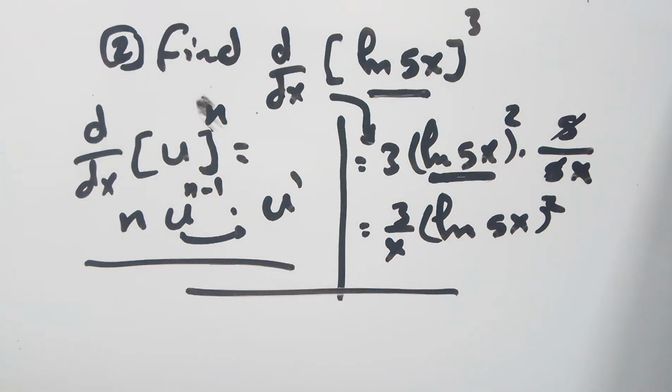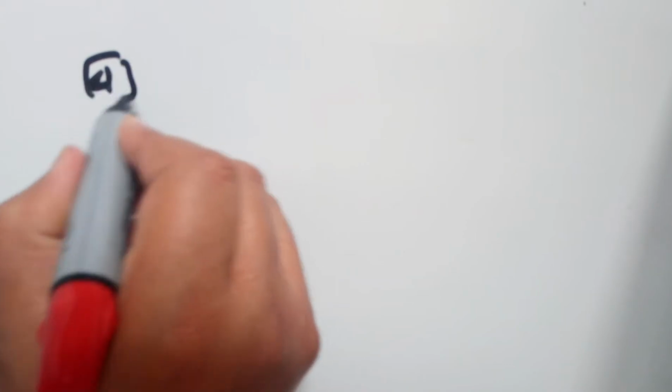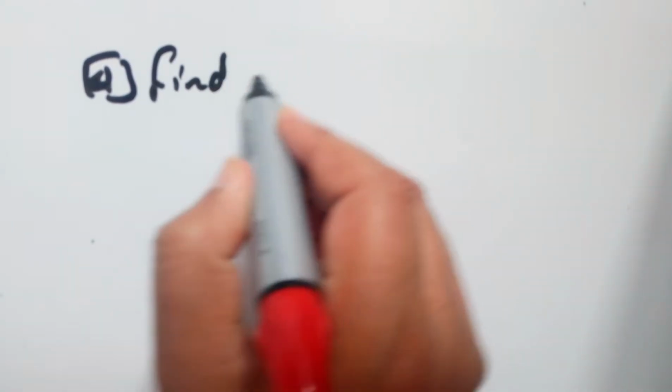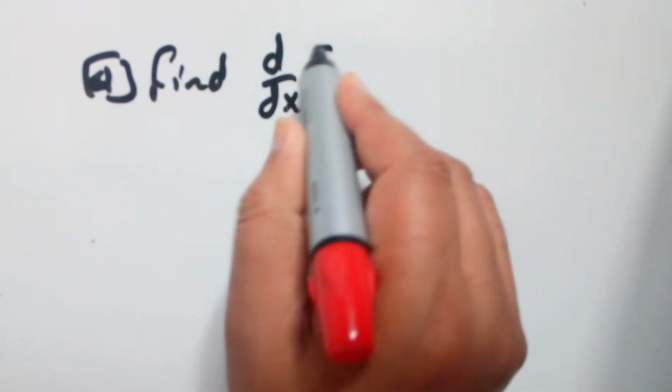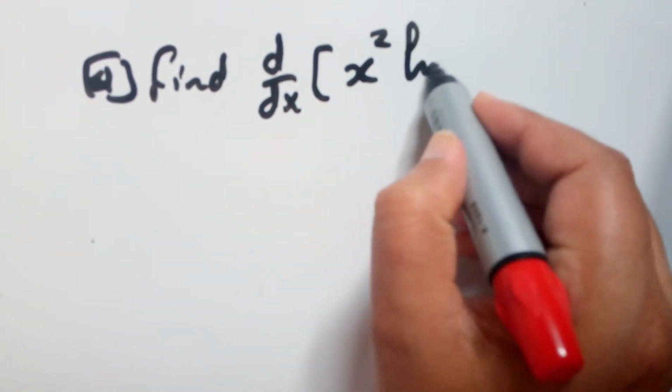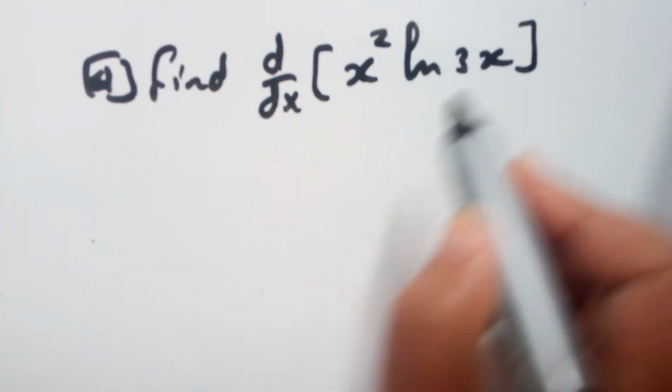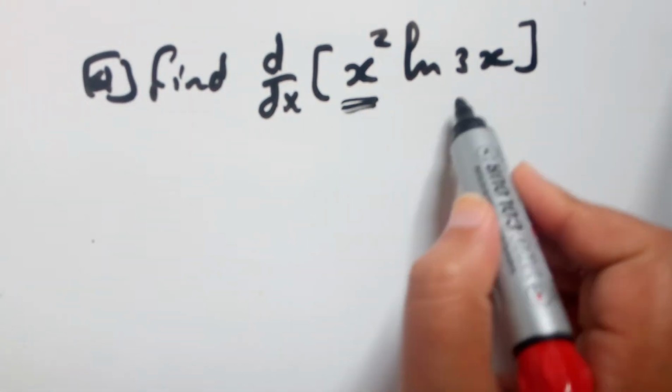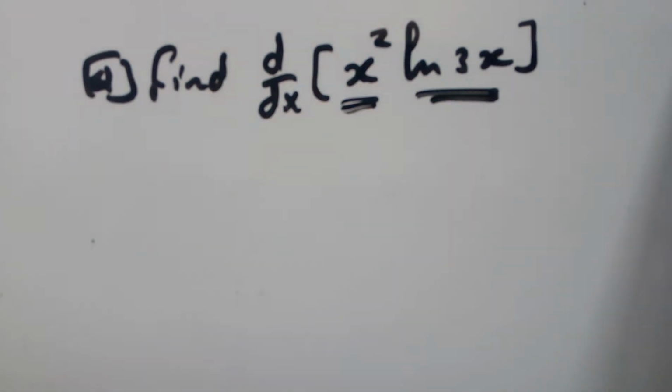Another example. Number 4, find d/dx for x squared multiplied by ln 3x. Here you have x squared multiplied by ln 3x. Then you can apply the product rule.